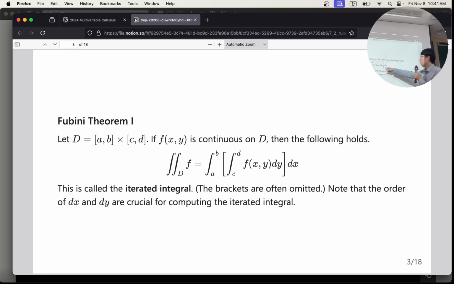Then you can do the same thing with A(x) to get the volume, integrating A(x), the area times the small width, over the range of x from a to b to get the volume. So you can get the volume with the definition of the double integral, which is by taking the lattice partition of the rectangular region D, and then for each small rectangular region, you take the height of the function and multiply by the area of the small rectangle to get the volume, and then sum them up.